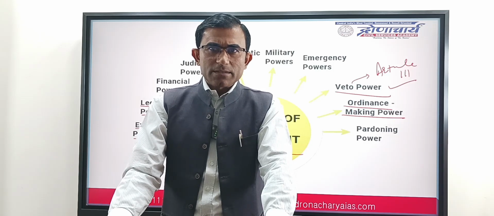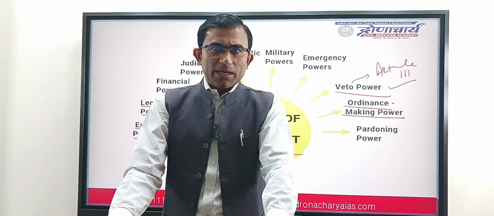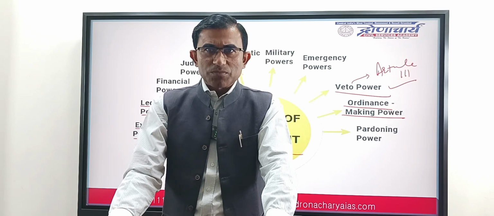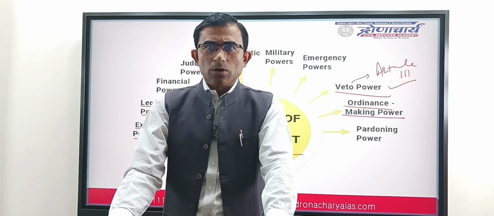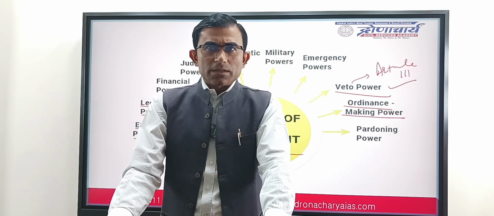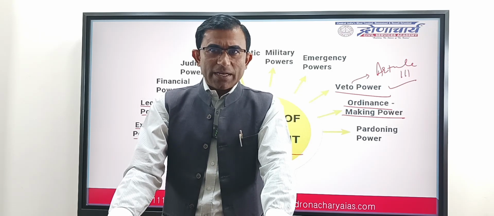This means that the suspensive veto of the President can be overridden by the repassage of the bill by the Parliament. The President does not possess this veto in case of money bills. He can either give or withhold his assent but cannot send it for reconsideration. Generally, the President gives the assent to money bills as they are introduced in Parliament with his prior permission.